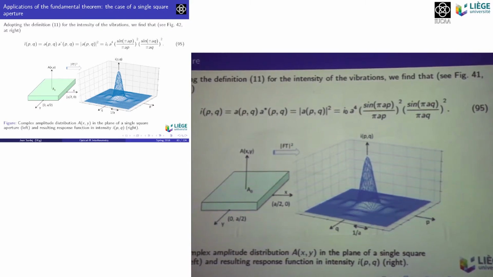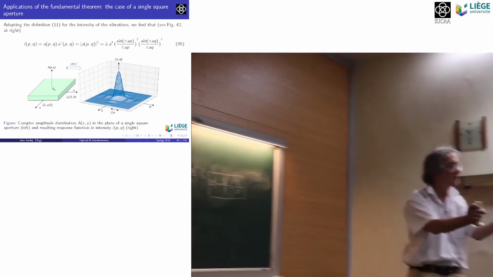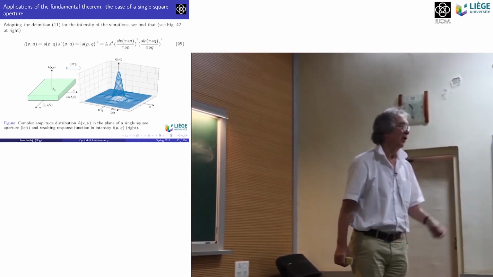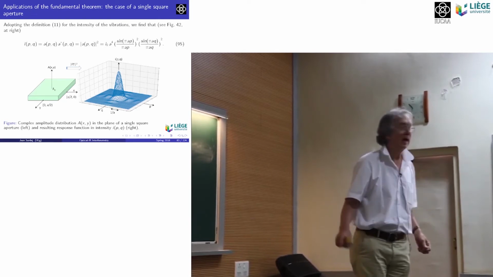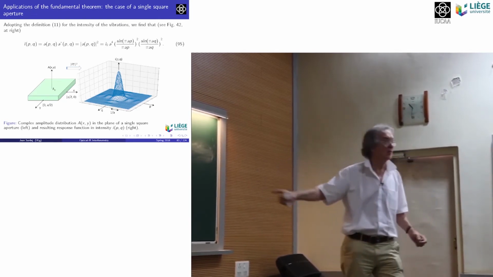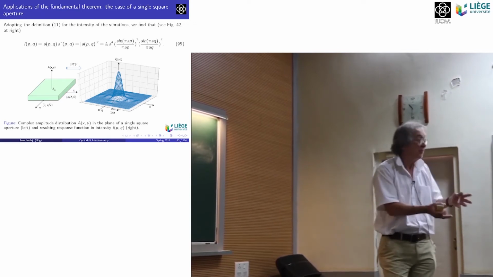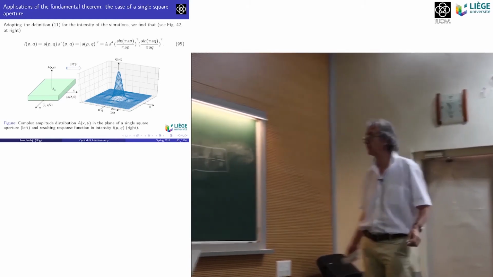It's just a matter of convention to know what you are speaking about. So in this case, I decided to take the width between the two first minima. But I agree that if we follow your criterion, it would be a different value. But I will adopt the same criterion when referring to a circular aperture, and then we will see what the difference is. But I agree with you, sure.